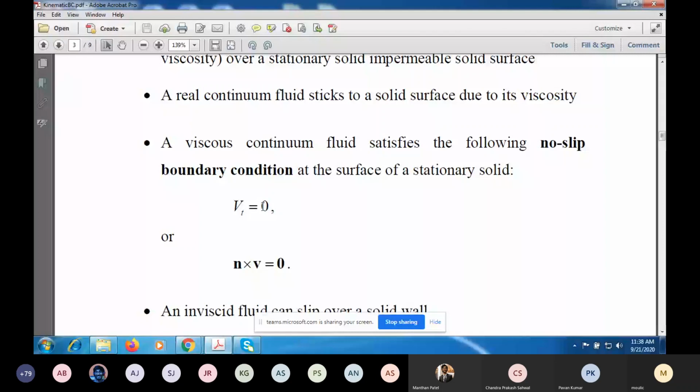But anyway, the thrust of this course is not this no-slip condition. This I have included so that you understand the difference between a viscous fluid flow and inviscid fluid flow. And some of you may be taking the course on advanced fluid mechanics this semester. It is a core course for dual degree students of thermal and elective for BTech students.